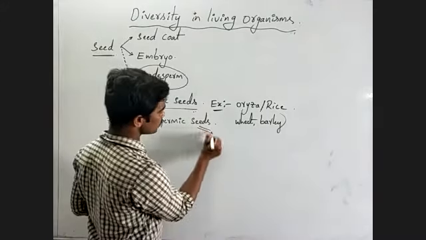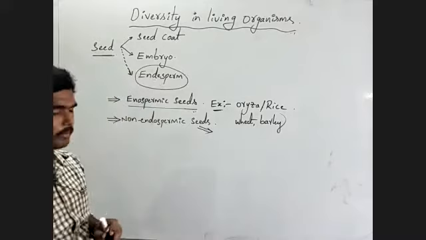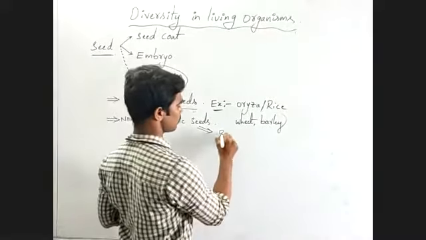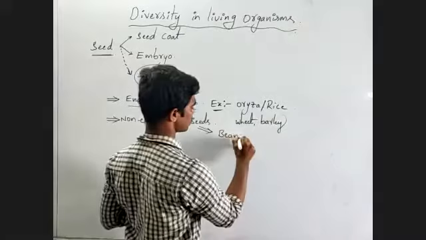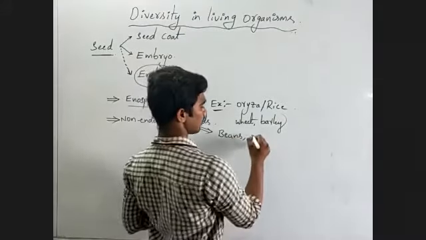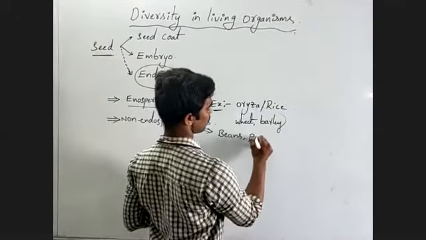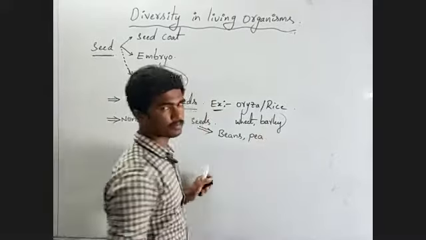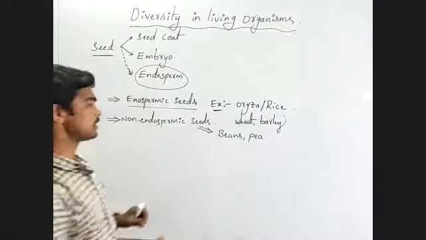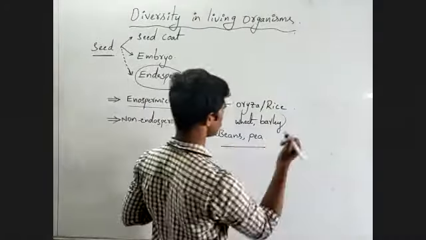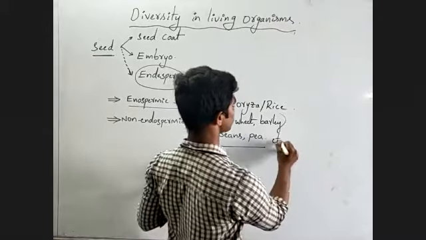Examples for non-endospermic seeds are beans and pea plant. There are different types.